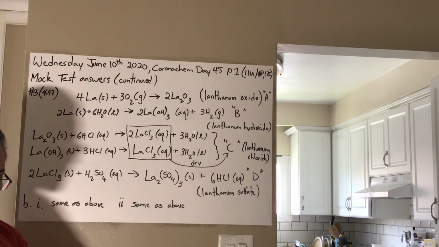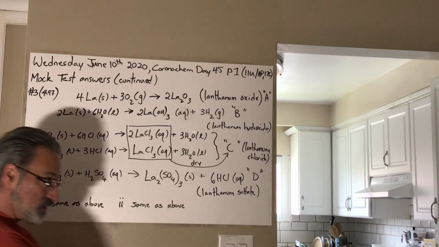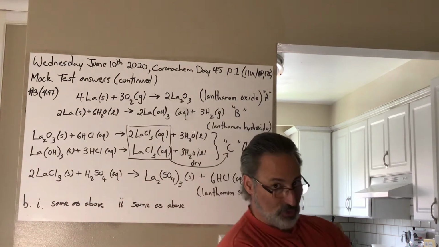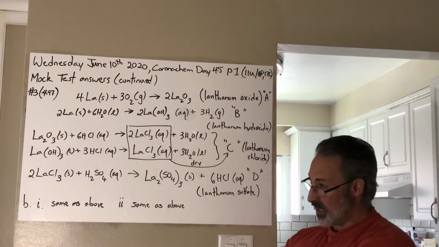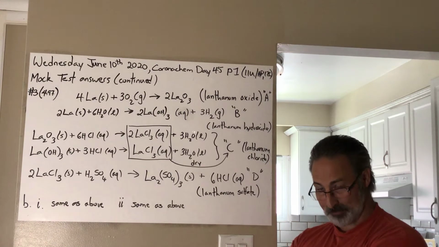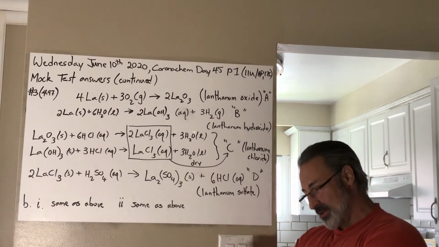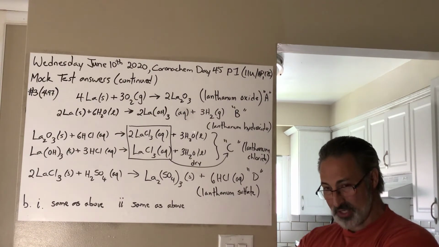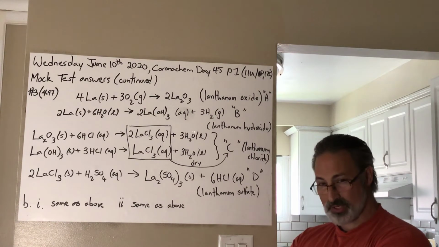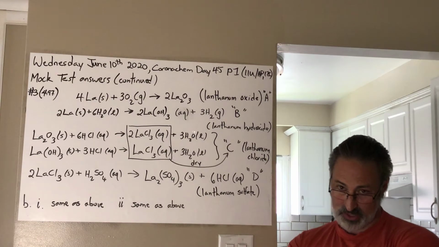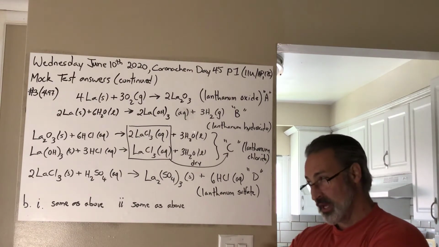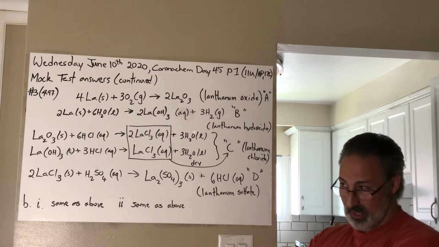Remember the activity series I taught you when you learned the periodic table? I gave you a mnemonic for it. Hydrogen is kind of in the middle. They've assigned hydrogen an oxidation state of 0 because a good part of the elements are higher in activity than hydrogen, and a good number of the elements are lower in activity compared to hydrogen.